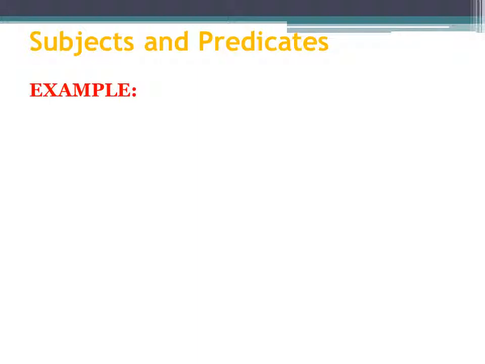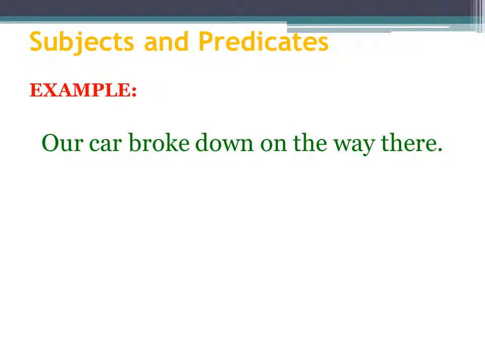That sound means we're looking at another example sentence. In this sentence, it says, our car broke down on the way there. So, the first thing we have to ask ourselves, who or what is this sentence about? It looks like this sentence is talking about the car, more specifically, our car. So, that would be our subject.